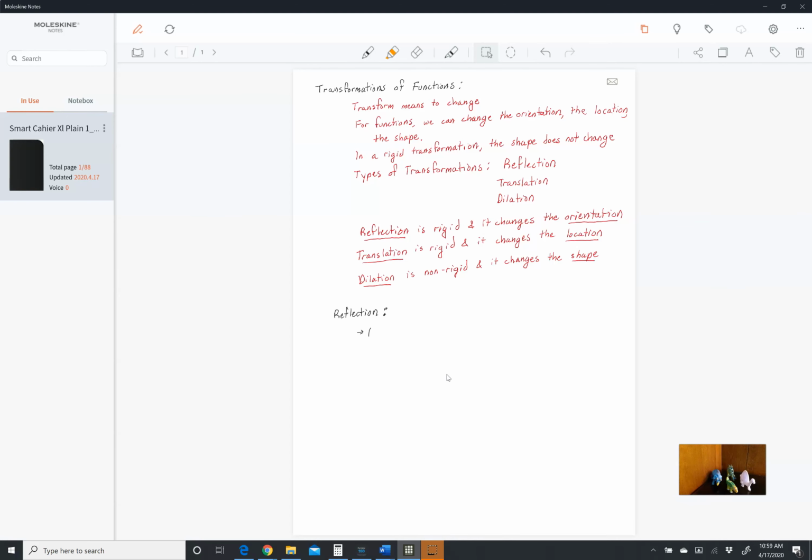So this is just a reminder that a reflection of a function in the line y equals x is its inverse, as long as it's a one-to-one function.